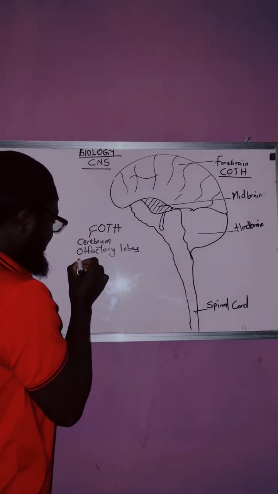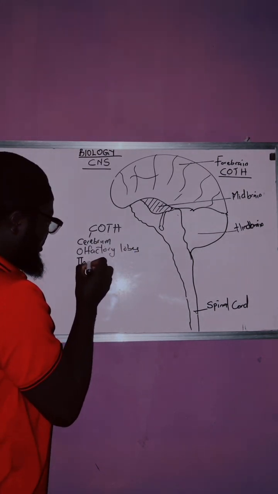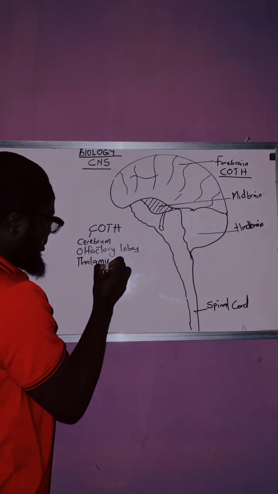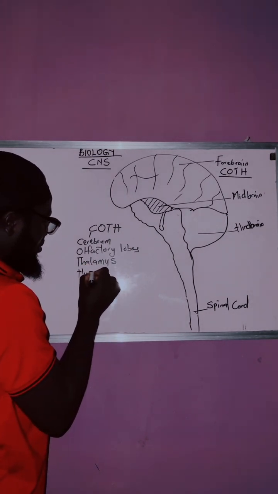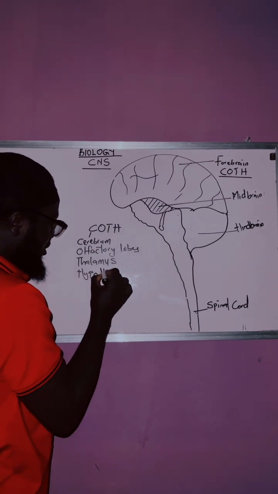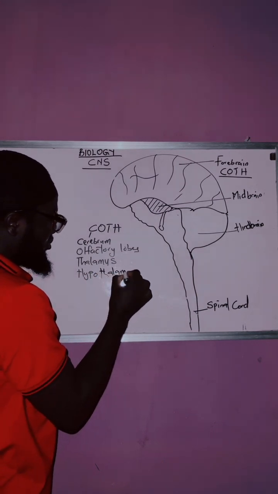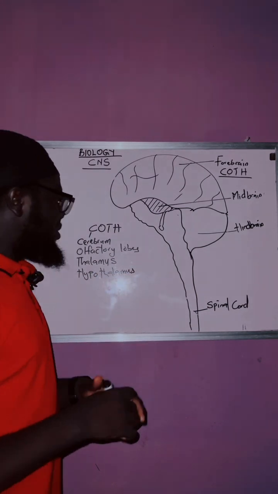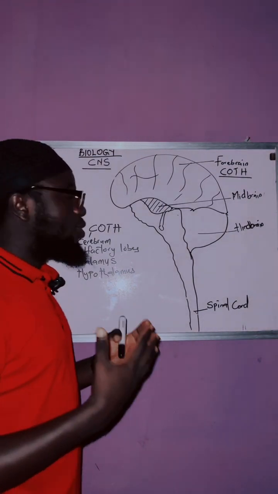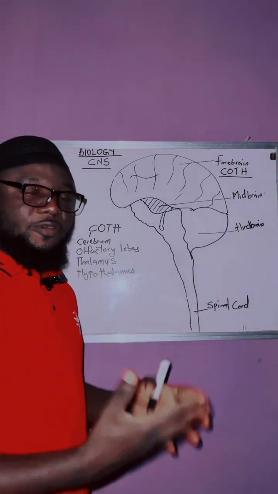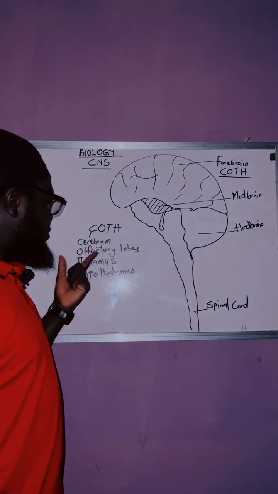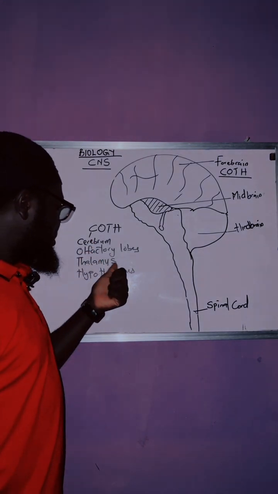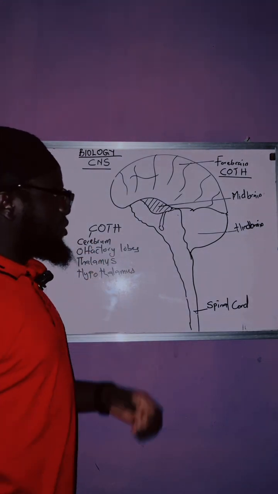T means thalamus, and H means the hypothalamus. So these are the four major contents of the forebrain: the cerebrum, the olfactory lobes, thalamus, and the hypothalamus.